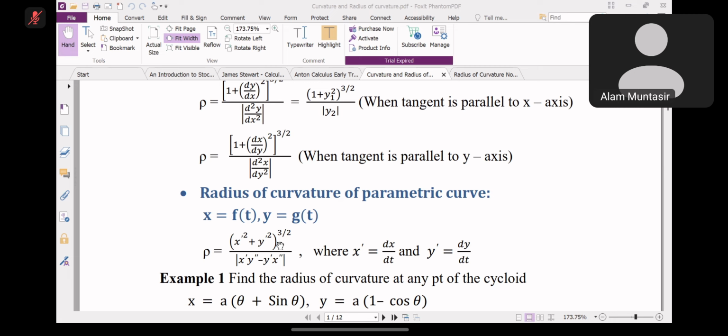If we take y equal to x cube, it has a lesser chance of bending compared to y equal to x squared. That means through the curvature, we understand how the given graph is curving.